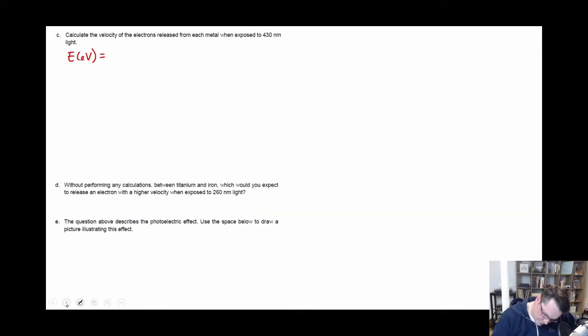But whatever. So it's 1240 nanometer EV over lambda in nanometers.